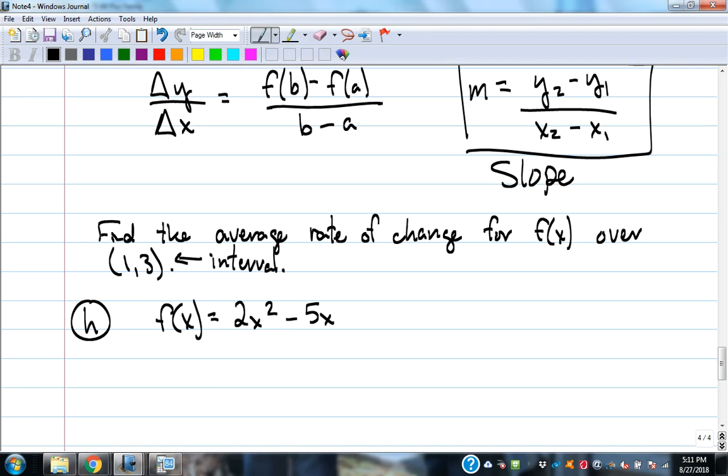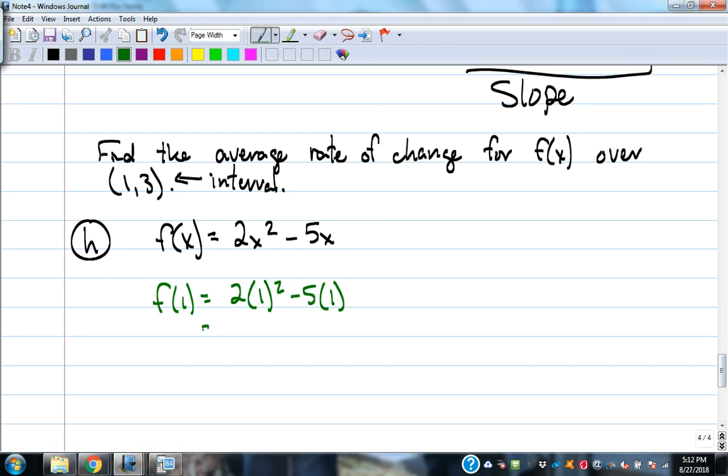So to find an average rate of change, that's finding the slope, we've got to have 2 ordered pairs. They give us the x values, 1 and 3. We need the y values to go with those. So we've got to plug those in and work them out. So we're going to plug in 1 for x. Work that out.